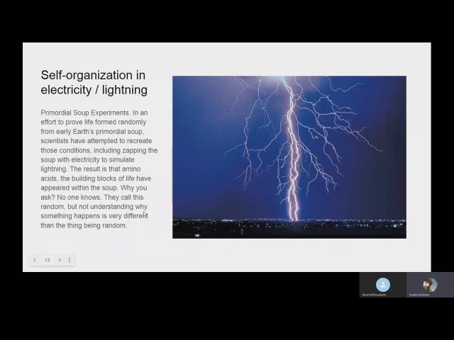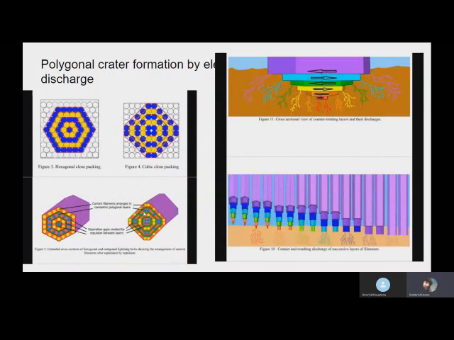So we're going to get into chains and how chains form, and autocatalytic chain reactions. But this is polygonal crater formation by electric discharge. And this is the geometry of lightning. You can go back to, I believe, episode 5 in the geometric view and see the geometry of lightning and what happens inside of charge.